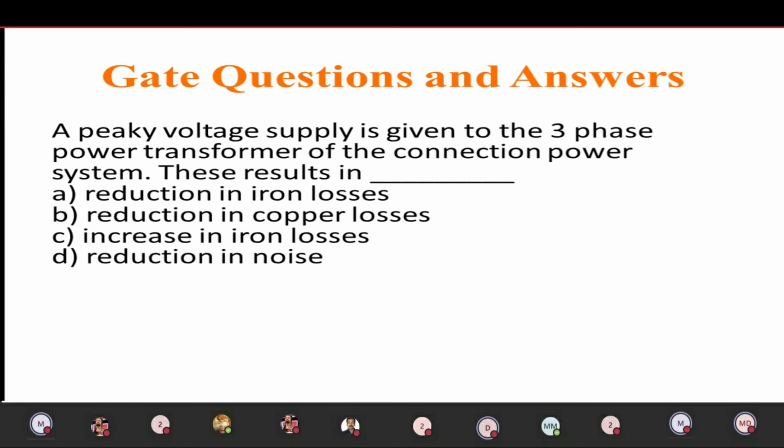The result is a reduction in iron losses, reduction in copper losses, increase in iron losses, or reduction in noise.